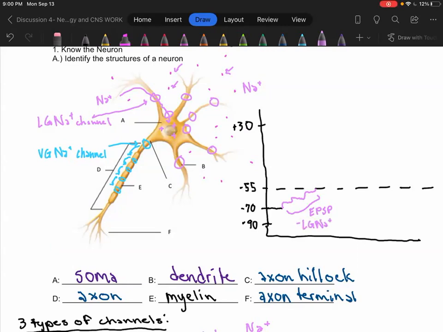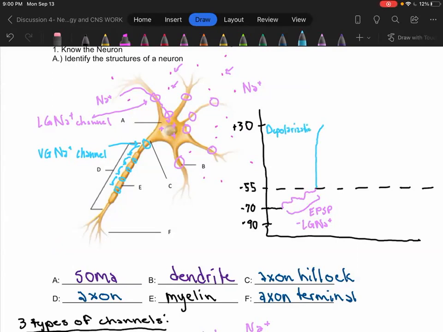So we hit that threshold, and then those voltage-gated sodium channels opened, in blue there. And when those open, again, they will quickly travel down the axon. It's really quick, looks something like that. And what we term that, I don't know if y'all remember this, is depolarization.